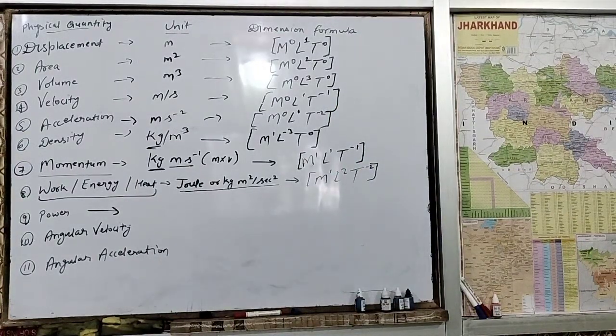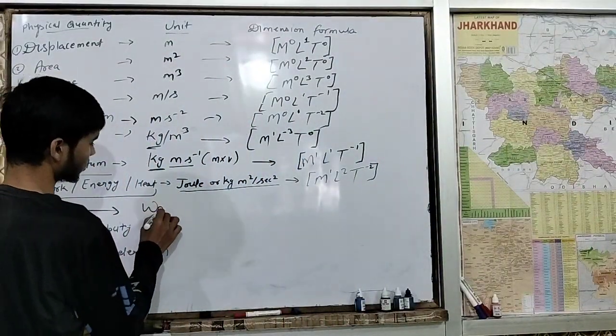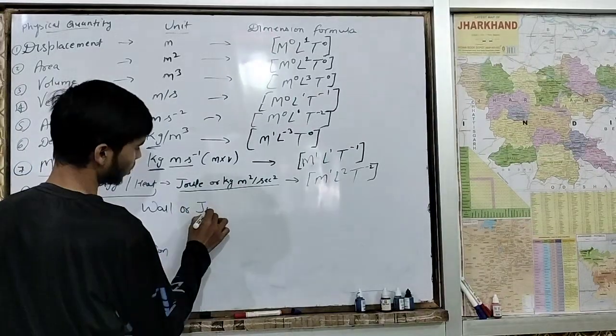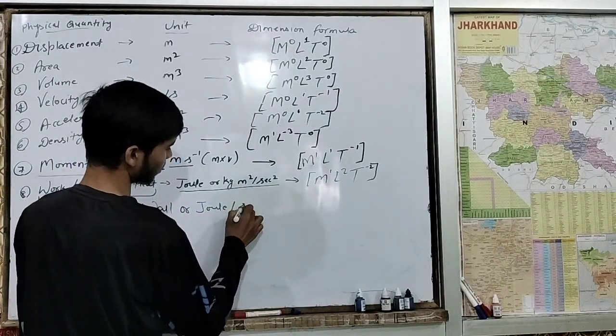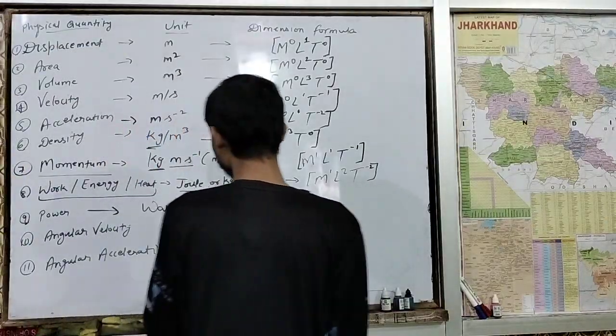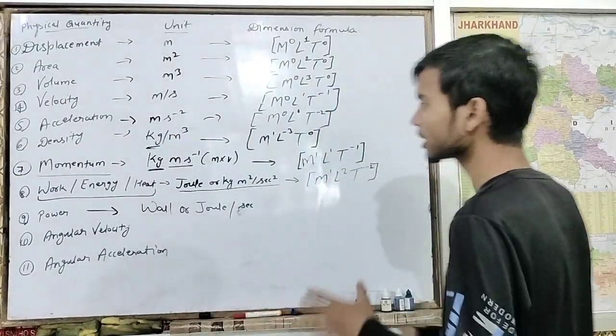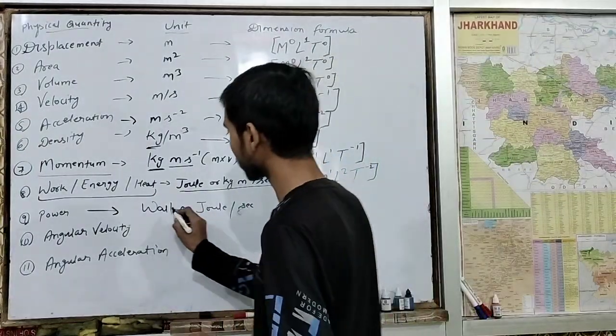Joule per second, or you can say watt. Both are not the same. Work and power are not the same. Joule is coming in this, but it doesn't mean that both will be the same. Here power, watt.